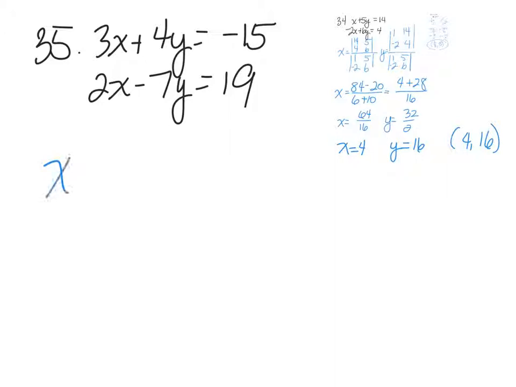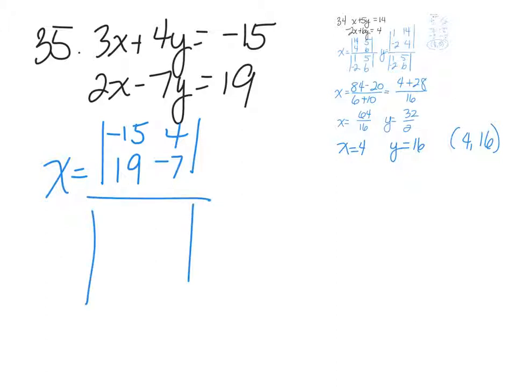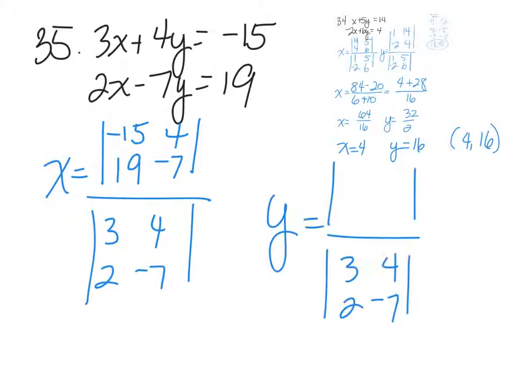Okay, once again, here's our setup. I'm just going to go straight into this one. Negative 15, 19 are our constants. 4 and negative 7 are the coefficients of y over coefficients of x, coefficients of y. Coefficients of x, constants.